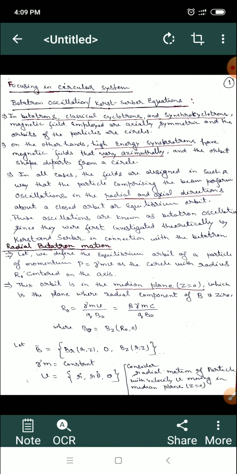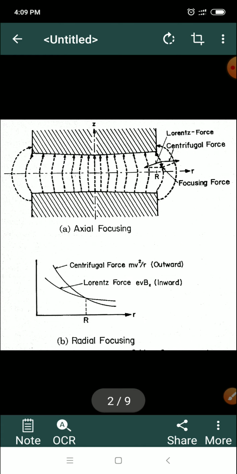That means z is equal to 0, which is the plane where the radial component of B is 0. One can find r0 by using the centripetal force. I have written it here. The centrifugal force, mv squared upon r, works outward when the particle is moving in a radial direction.